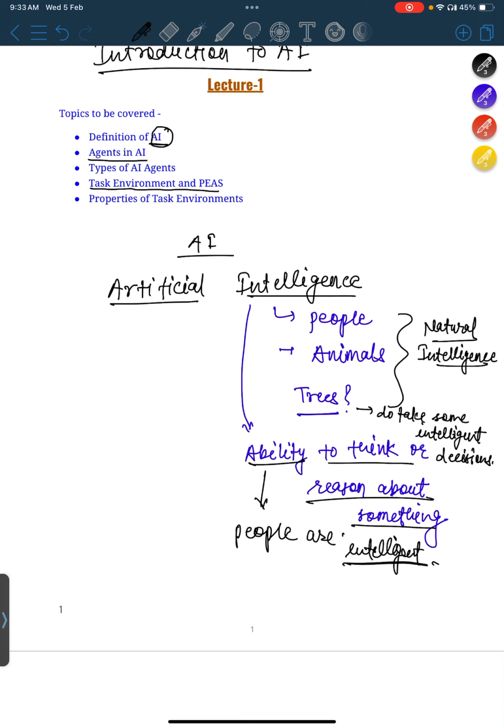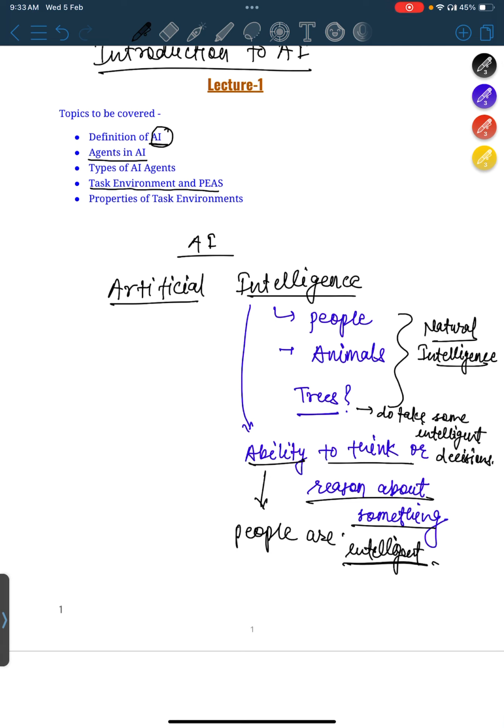Since we now know about intelligence, artificial intelligence is something which we have created. It was not there before, but we have a human-made intelligence. This is how we generally define artificial intelligence by the name.